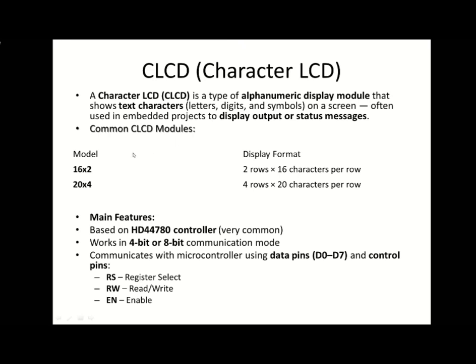Common LCD modules come in two types, 16x2 or 20x4, which is 2 rows with 16 characters per row, or 4 rows with 20 characters per row. Main features: based on the HD44780 controller, works in 4-bit or 8-bit communication mode. Communicates with the microcontroller using data pins D0 to D7 and control pins RS (register select), RW (read/write), and EN (enable).